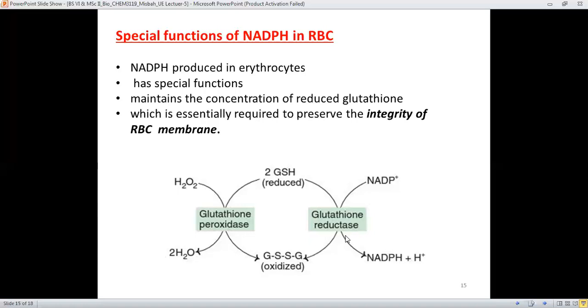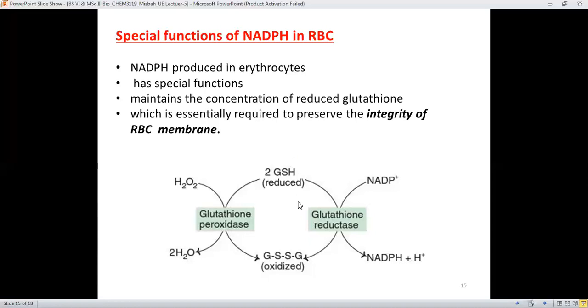And this reduced form, by giving the hydrogen, is converted to the oxidized form. Again, the second enzyme which takes part in this process is glutathione reductase. It causes the reduction of this one, but this is accompanied by NADP. NADP is reduced in this way to NADPH and H, making this one the oxidized form and this one the reduced form.